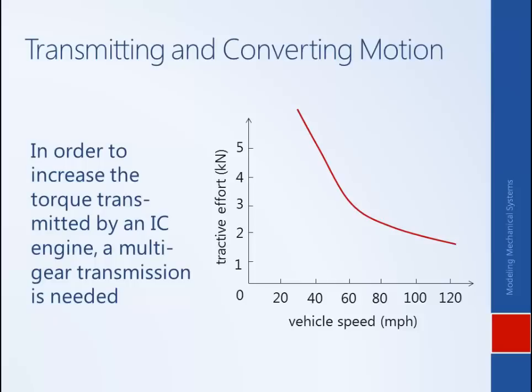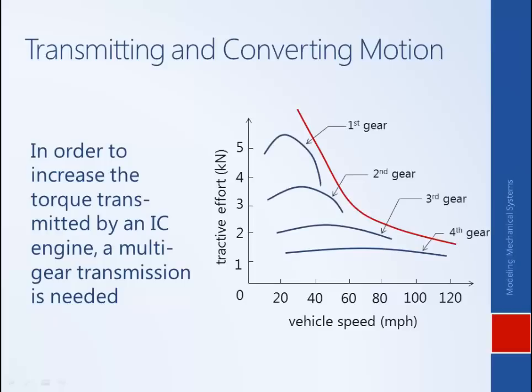The problem is the torque speed curve of an IC engine is like this blue line, which is very flat, which doesn't give us the sort of behavior that we want.